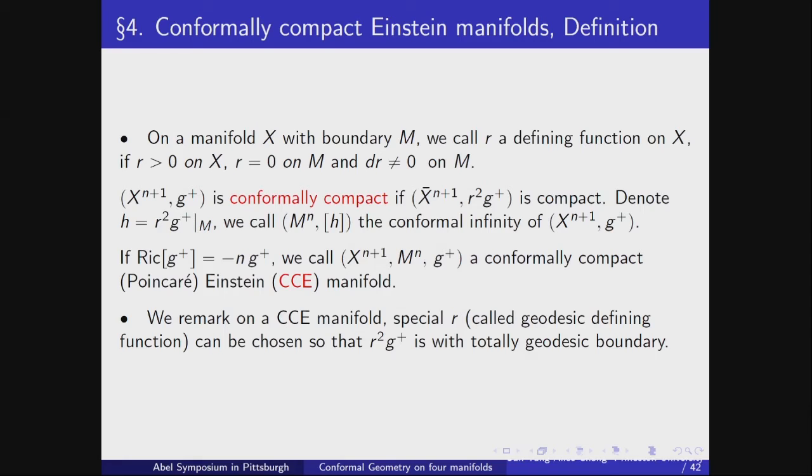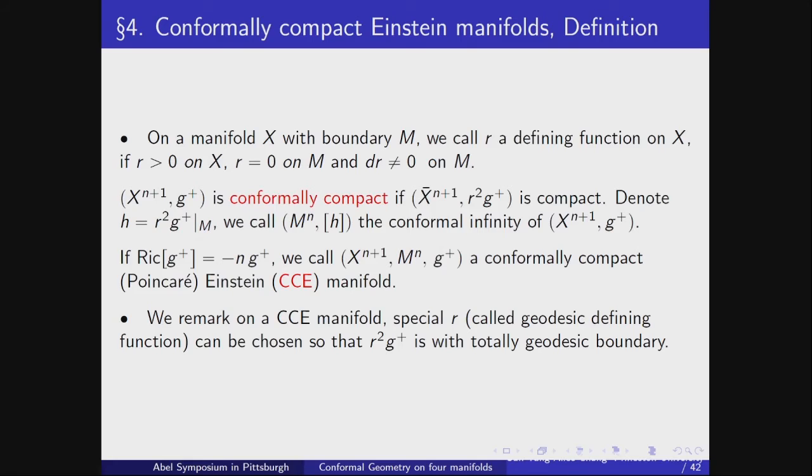Notice you have many different choices of defining function, so the boundary metric is only determined up to a conformal class. You can multiply r by another positive factor and it is still a defining function. So the conformal infinity is a conformal class, and the idea is to study this conformal class of metrics via its extension.